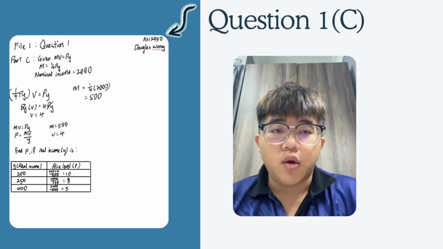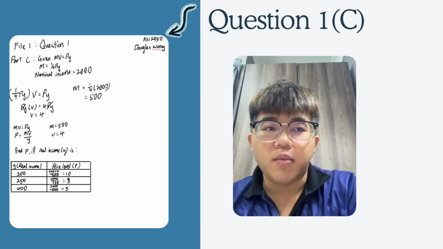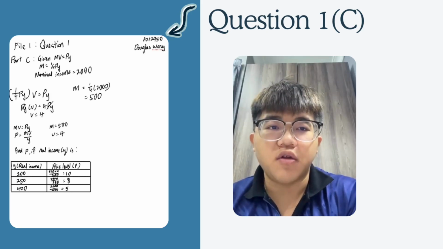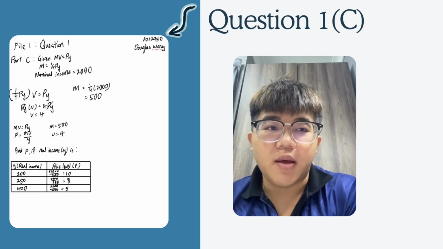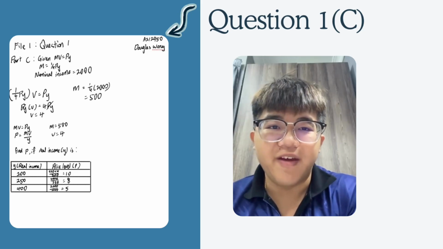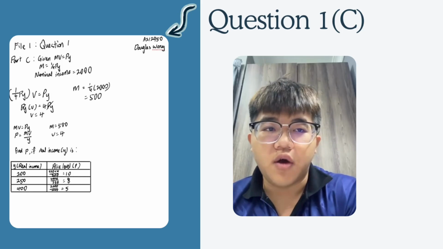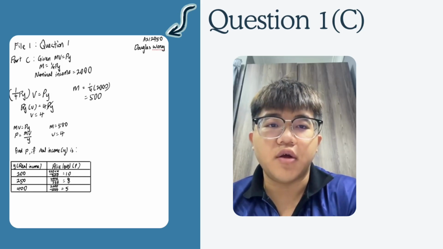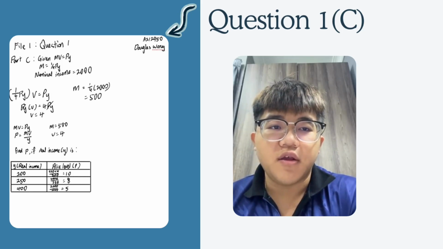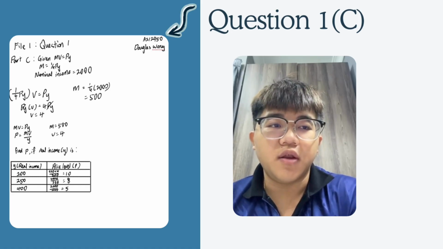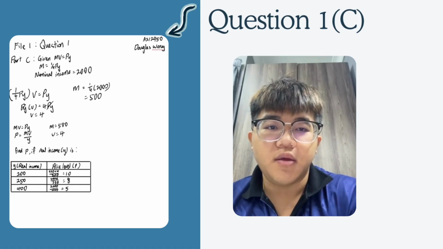Today I will discuss Tutorial 1, File 1, Question 1, Part C. According to the quantity theory of money, when the money supply and velocity are constant, the product of P times Y must equal MV. Here, MV equals 2000 and is fixed. So as real output increases, the same total spending is spread over more goods, meaning the price level P must fall.